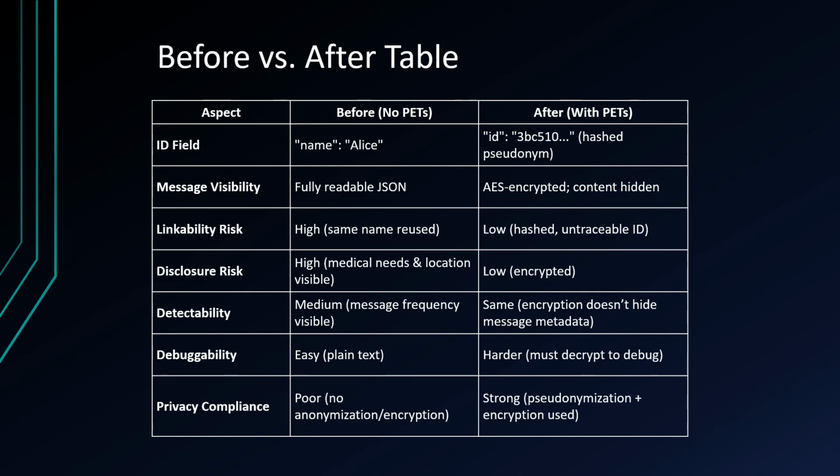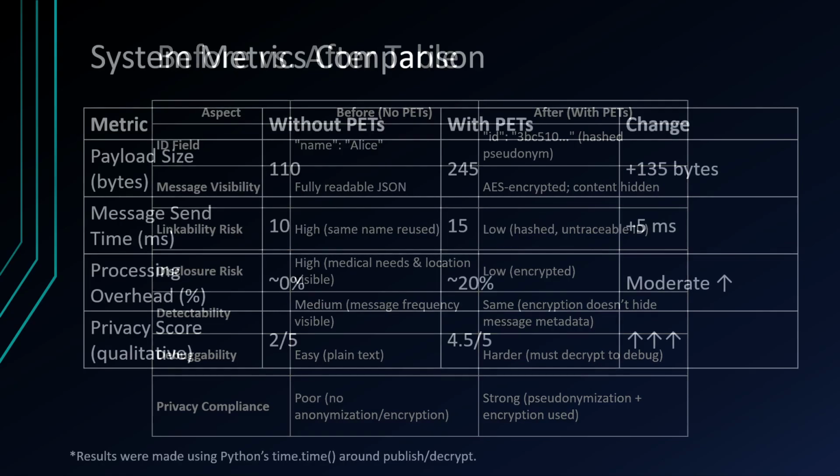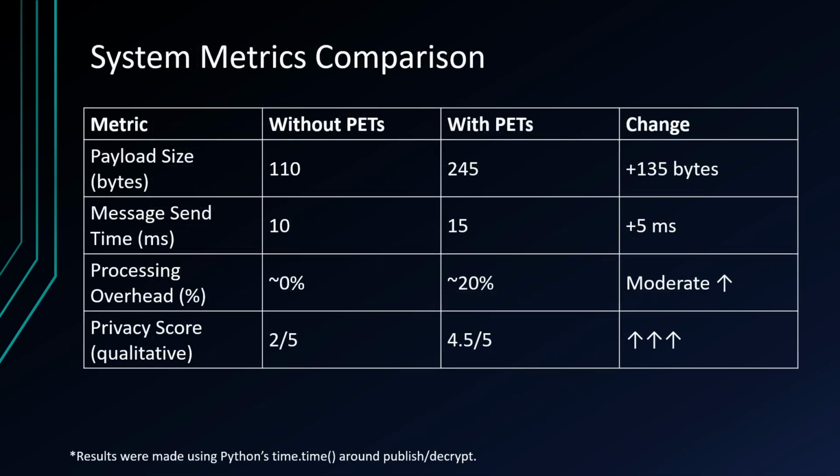Now if we focus on the system metrics comparison, there are several metrics which I have found, initially being the payload size, followed by message send time in milliseconds, the processing overhead in percentage, and the privacy score, which is completely qualitative.